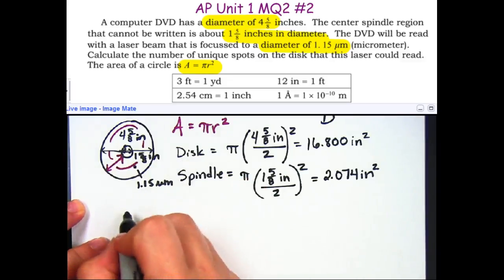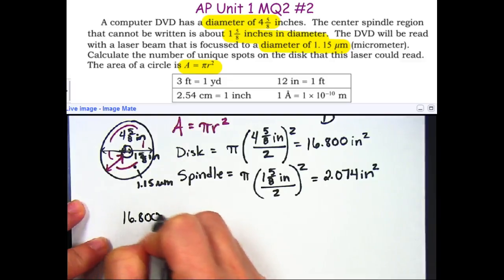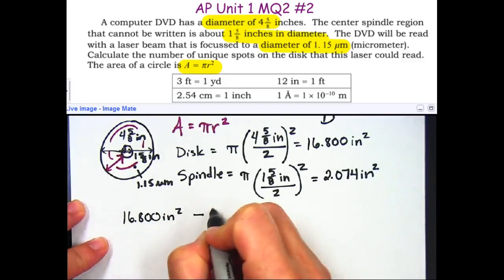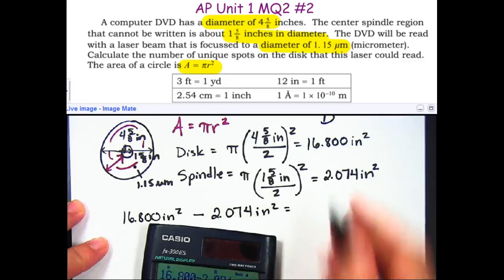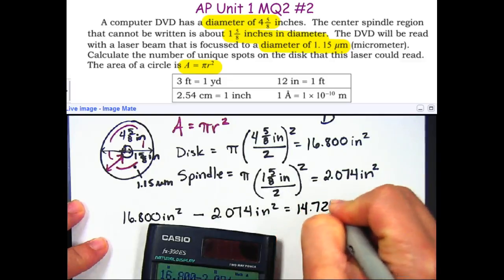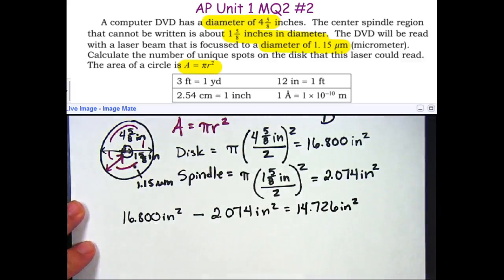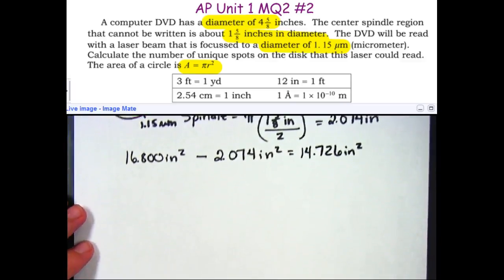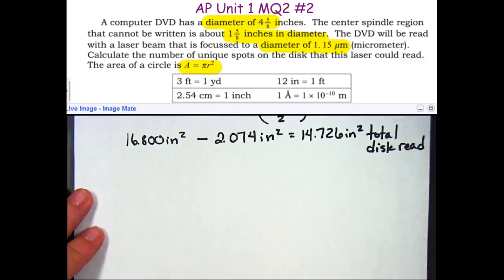So I want to take the disc area, 16.800 inches squared, and subtract the area of the spindle, which gives 14.726 inches squared. Now I know that this is the amount of the disc that's going to be read by the laser.